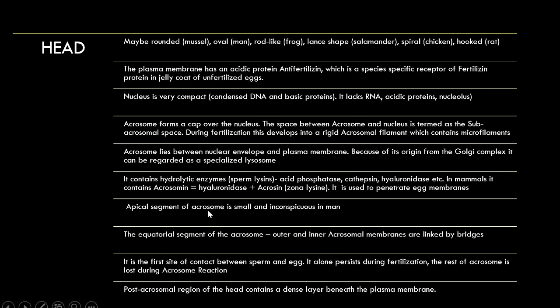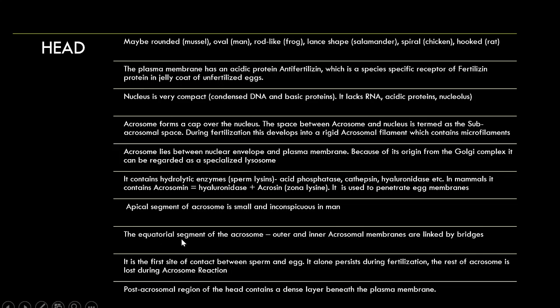The apical segment of the acrosome is quite small and inconspicuous in man. The equatorial segment of the acrosome contains the outer and the inner acrosomal membranes, which are linked by bridges. It is the first site of contact between the sperm and the egg. This persists during fertilization. The rest of the acrosome is lost during the acrosome reaction.